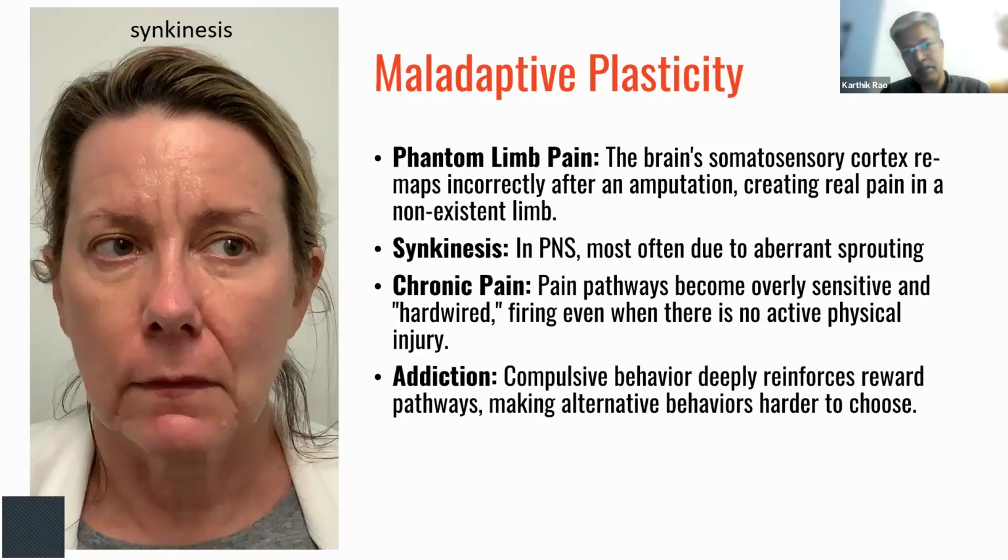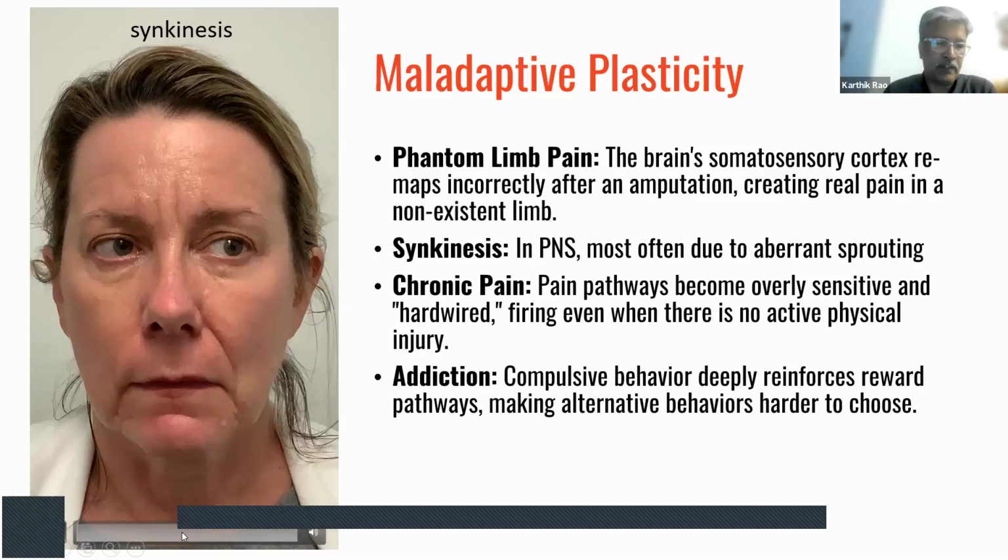In the peripheral nervous system, we also see synkinesis. Synkinesis is most often seen as a complication of very good therapy and too much exercise, especially in Bell's palsy, where the person is trying very hard to do those exercises, and you can see that it has an impact on the movement. Let me play this video for you.